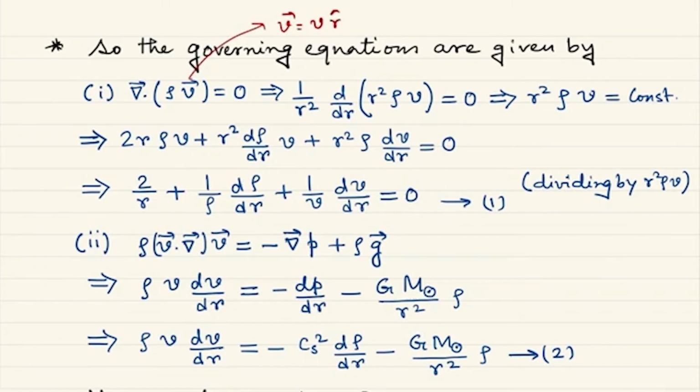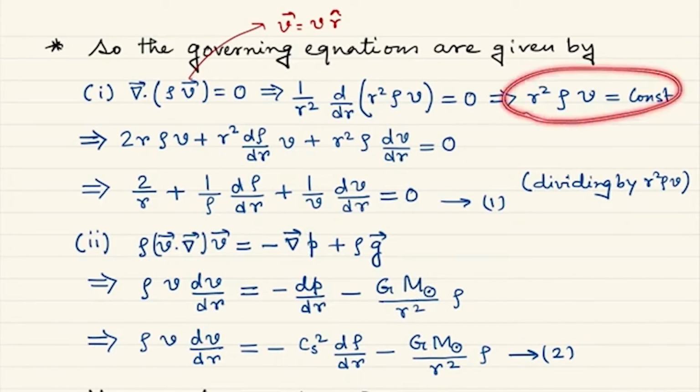I am simply saying this is v r cap, for simplicity. If you do that, finally you can show that r squared times rho v is a constant of the flow.